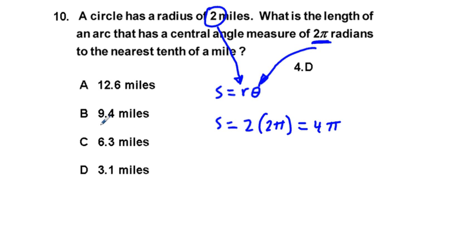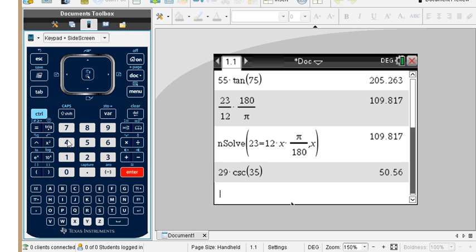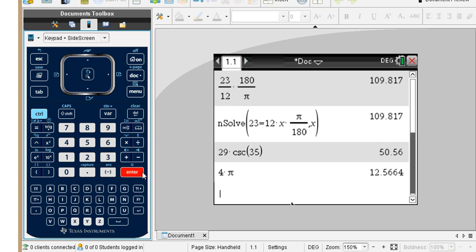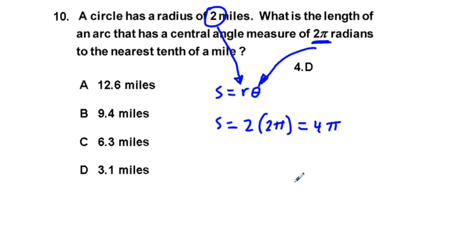And it may not be totally apparent what that is, so we can go to our calculator and put in 4 times pi, 12.6, rounded to the nearest tenth. Miles, okay, answer choice A.